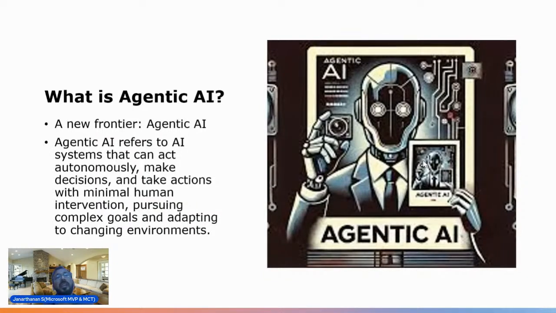Agentic AI is a new frontier of the generative AI platform, because agentic AI acts as smart microservices. You can build any type of system that acts autonomously, and if you want to take a particular decision with minimal human intervention, you can go for the agentic AI platform.